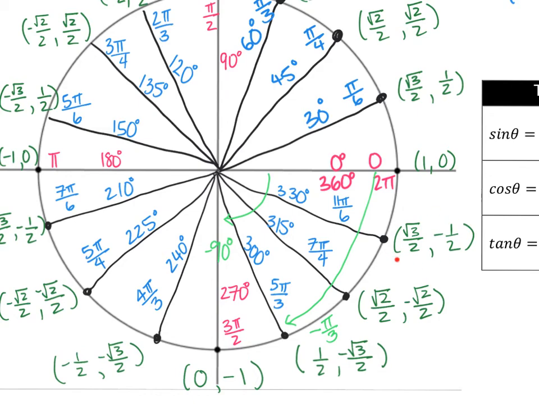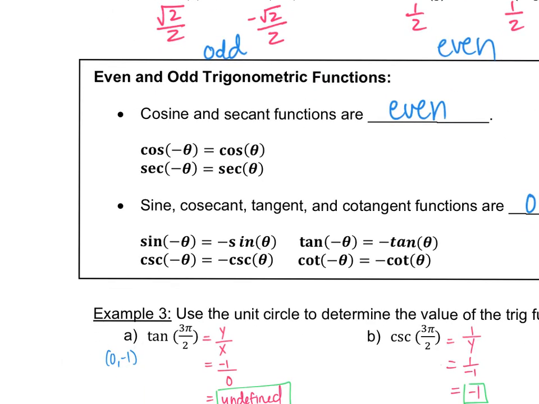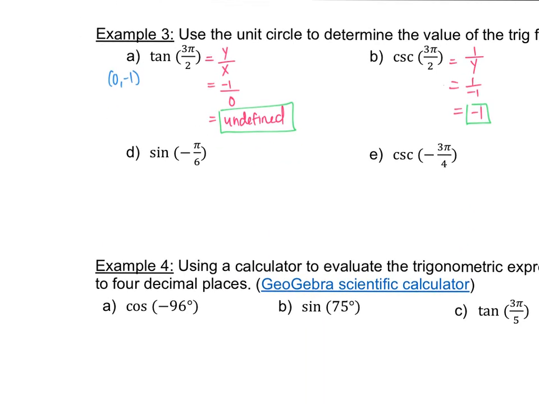So this is the coordinate that we need, which is root 3 over 2 and negative 1/2. So let's write that for our coordinate for negative pi over 6.